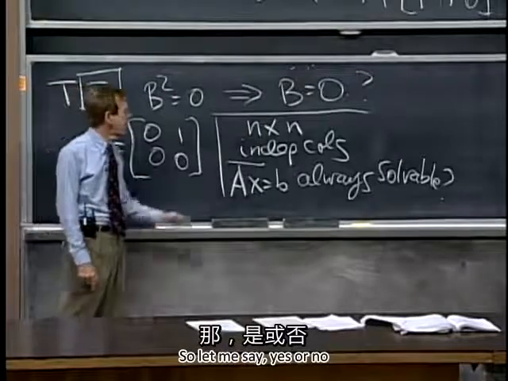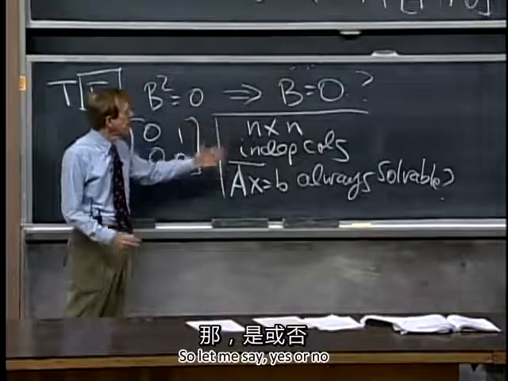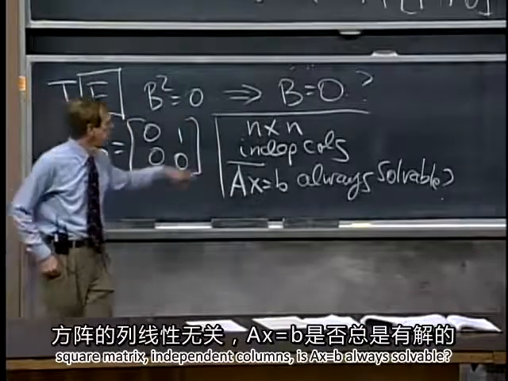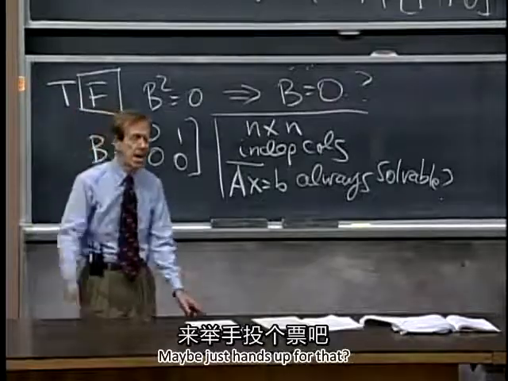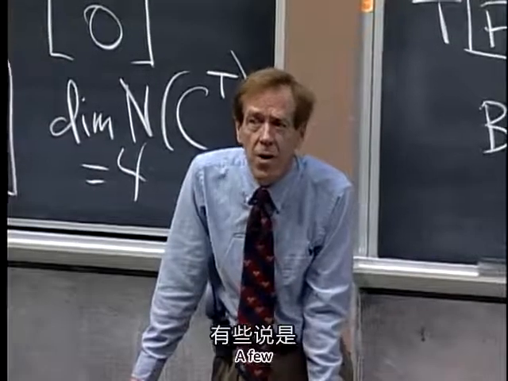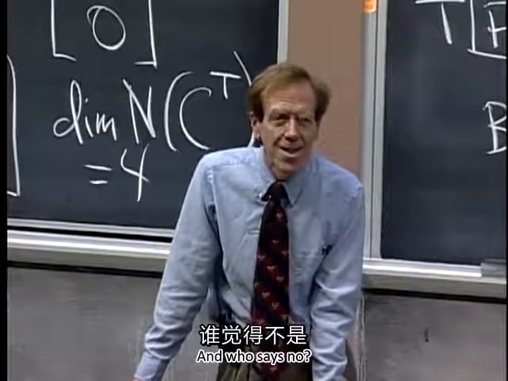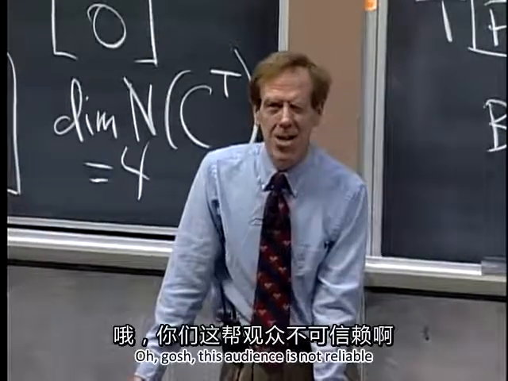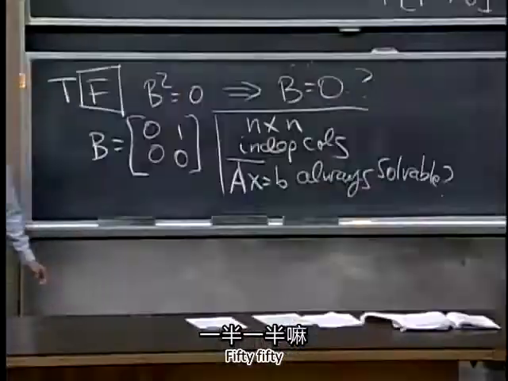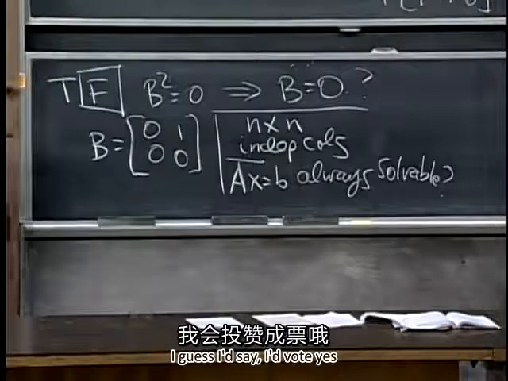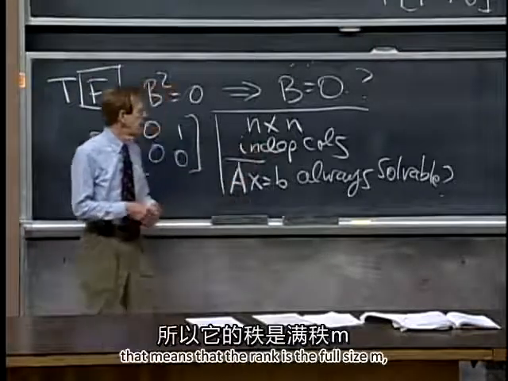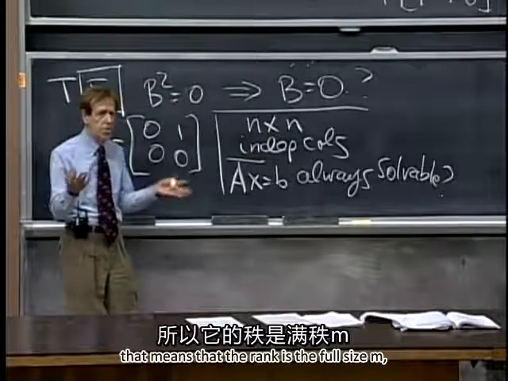So let me say yes or no. If I have a square matrix with independent columns, is Ax equal b always solvable? Maybe just hands up for that. A few. And who says no? Oh gosh, this audience is not reliable. It's 50-50. I'd vote yes, because independent columns means that the rank is the full size n.